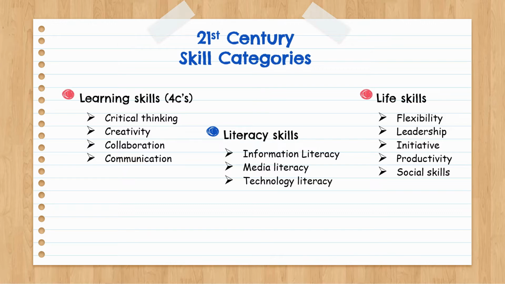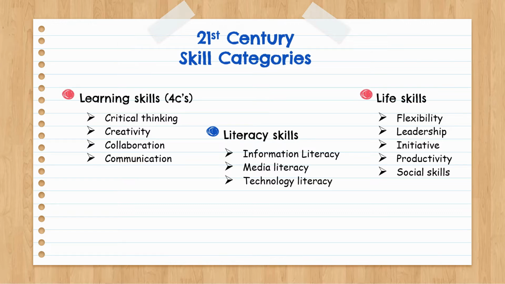And lastly, communication. For the literacy skill, it consists of three literacy, which are information literacy, media literacy, and technology literacy. For information literacy, this skill helps students to understand the fact, figures, statistics, and data. Media literacy is the practice of identifying publishing method, it is also helpful to finding the truth with information.